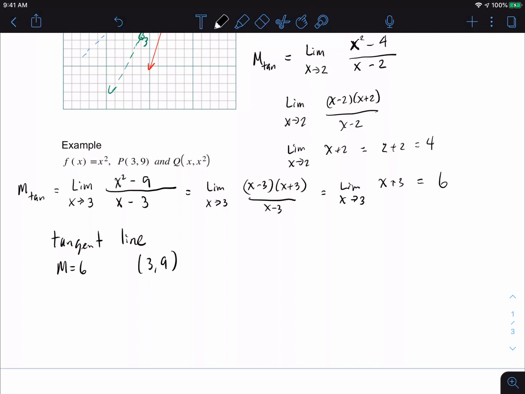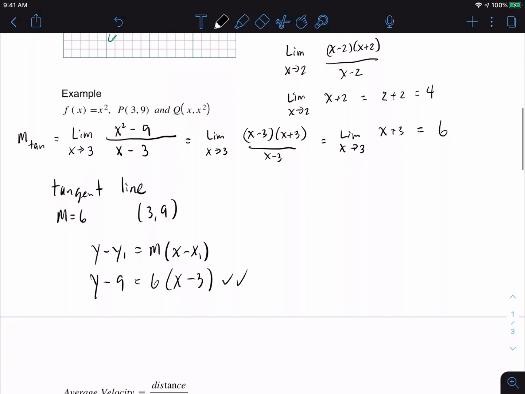Okay. So then from here, I can use point-slope form. And I'll go y minus 9 is equal to 6 times x minus 3. And this, to me, is perfectly good enough. Now, one of the problems, unfortunately, is WebAssign gets picky. And since WebAssign is picky, they're going to want it in slope-intercept form.